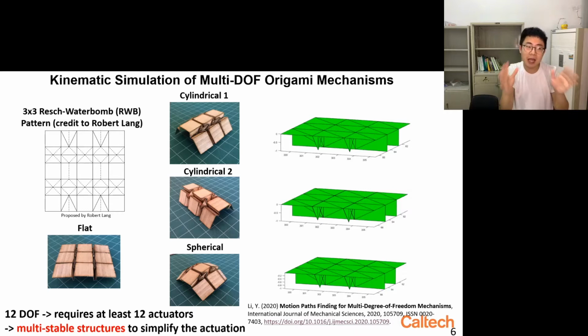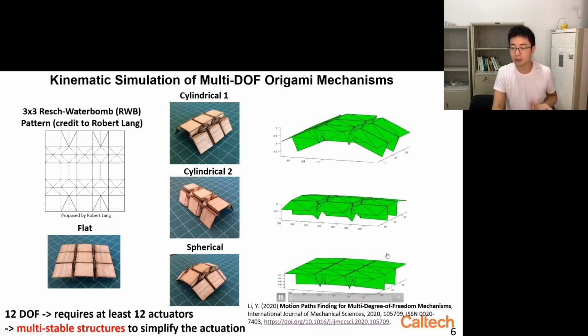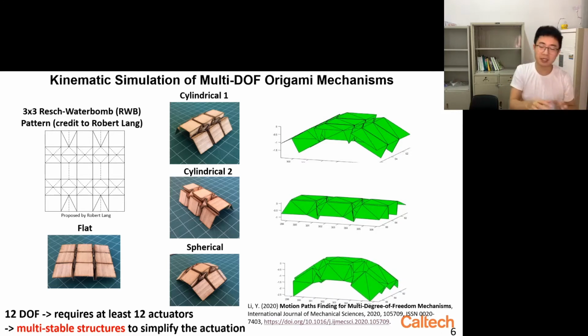The first task I did was to simulate the process, because this is a high degree of freedom mechanism. I wanted to see what kinematic path it should take to move from this configuration to, for instance, this configuration. So I programmed it in MATLAB and did a lot of pathfinding to morph it into different shapes.